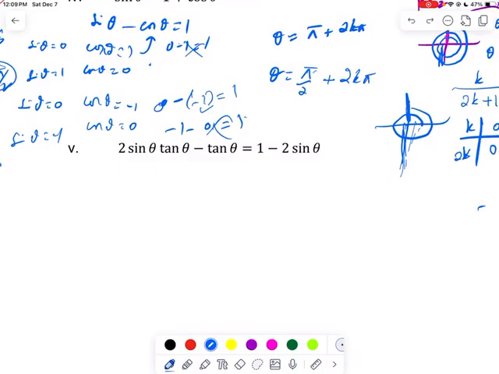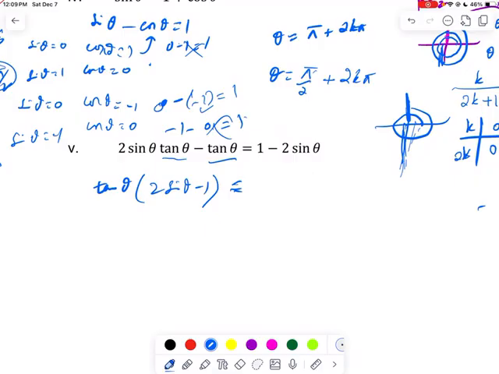If you look at the left hand side, there is a term tangent theta that can be factored out. So when I factor out the tangent theta, I am left with 2 sine of theta minus 1 equal to, and on the right hand side, we have 1 minus 2 sine of theta.